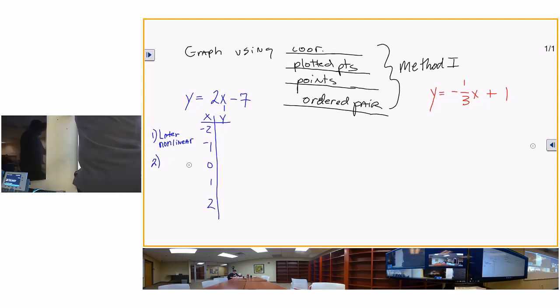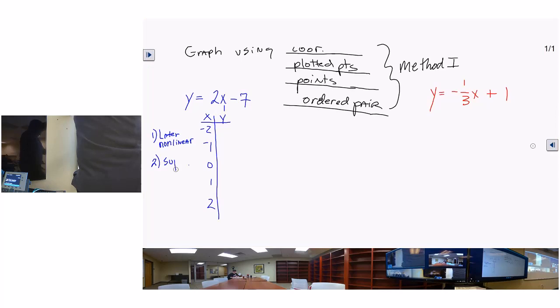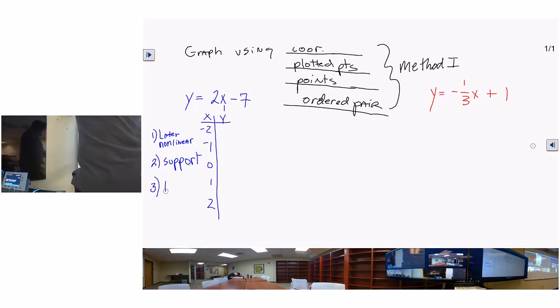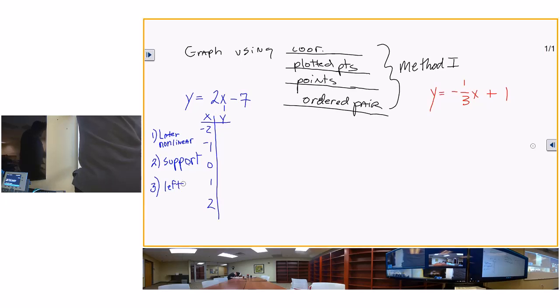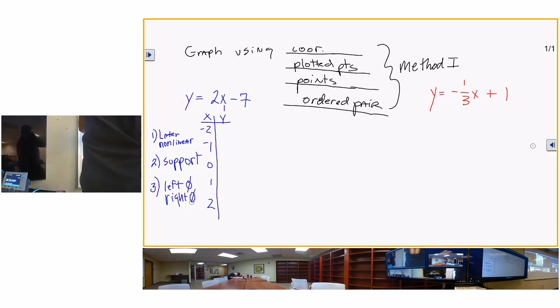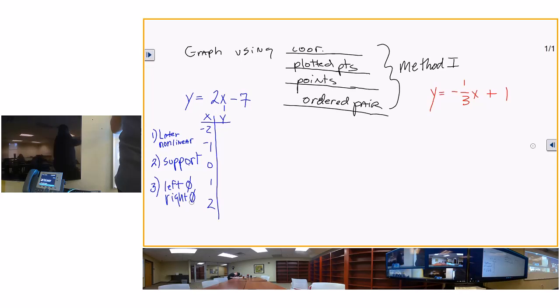The third reason: you have positives to the left of 0, the negatives, and to the right of 0, so you have positives and negatives showing where it's crossing the origin. So there's several reasons I use 5 points, and the only ones that ask why are usually the ones that are just lazy.